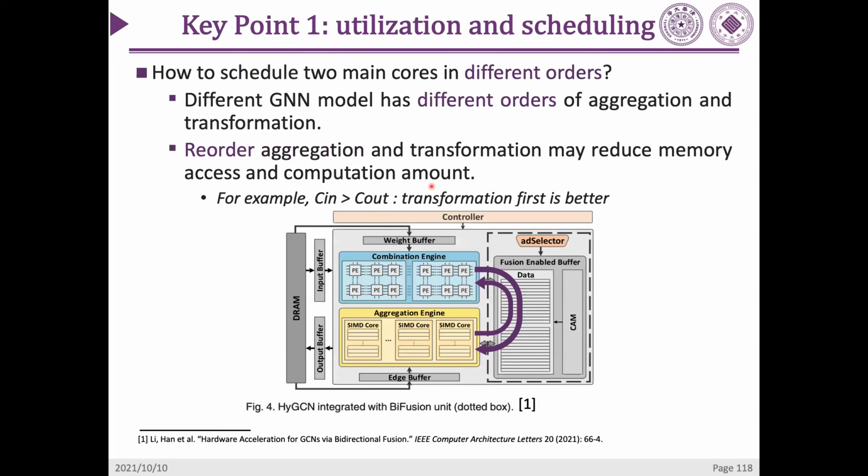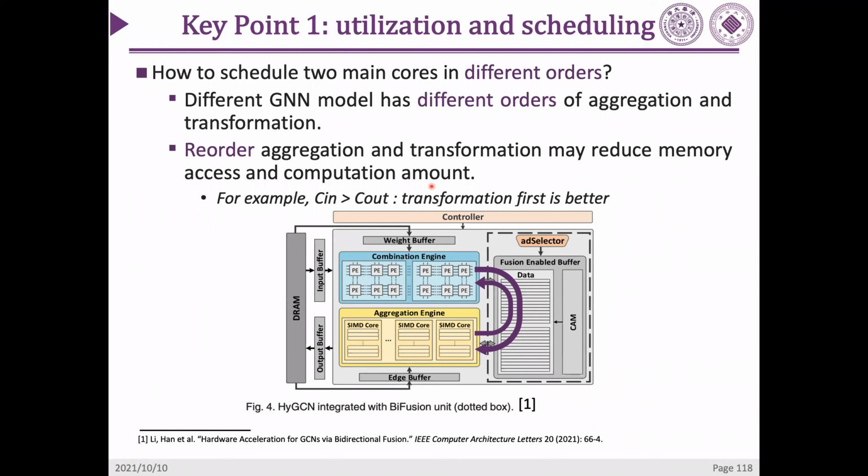Besides, it's also very important for the 2-stage architecture to support different orders of the data flow. In different graph neural network models, the order of aggregation and transformation is not fixed. And when aggregation is a linear operation, the order of transformation and aggregation may be exchanged to reduce the total amount of calculation under some conditions.